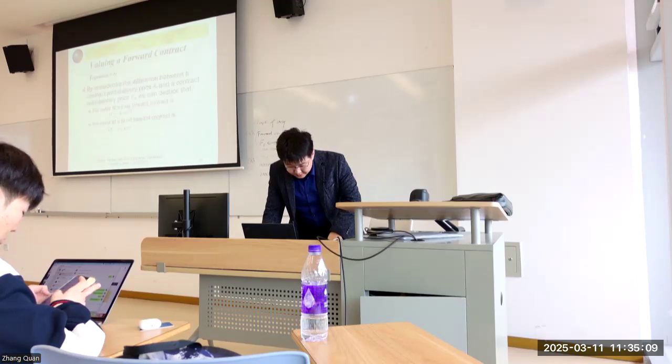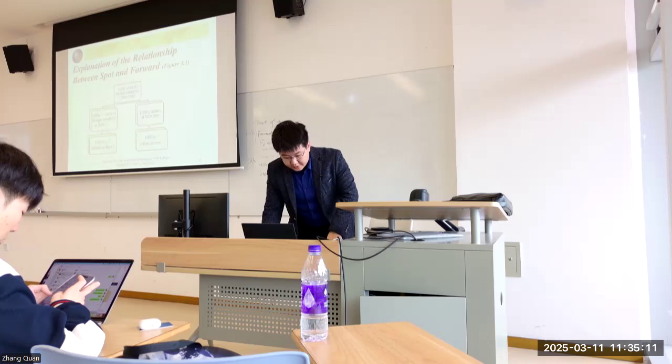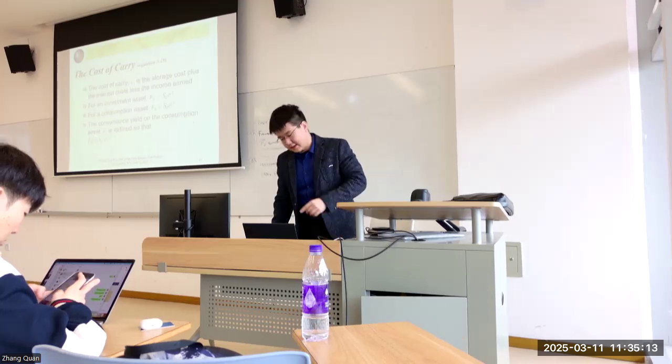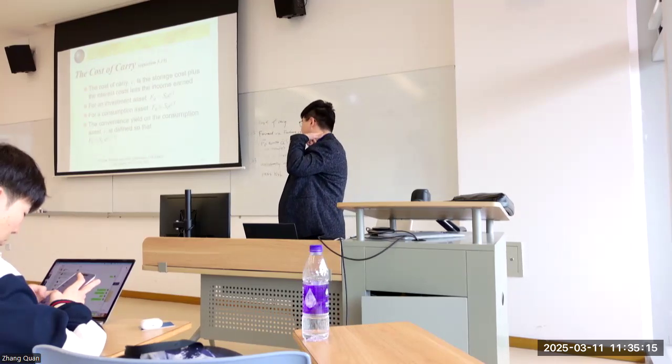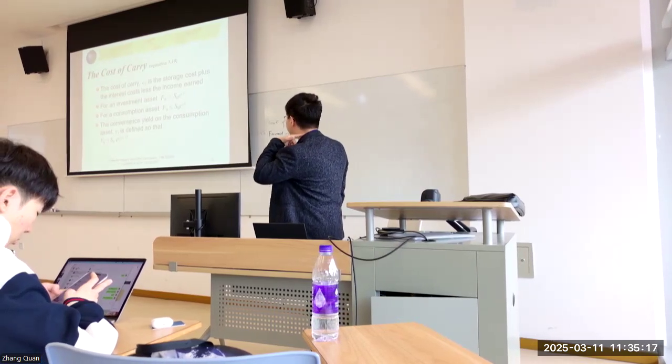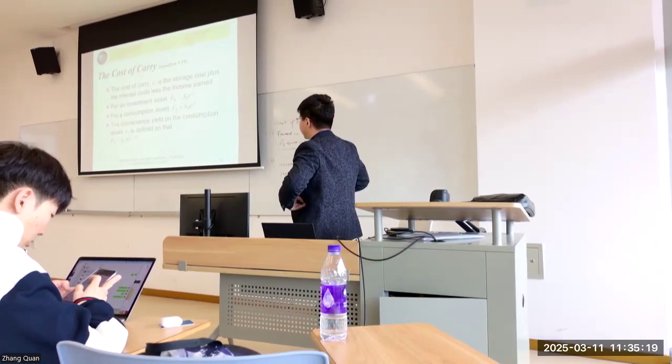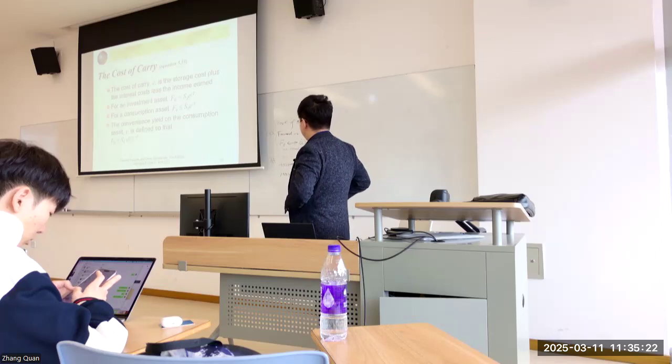Okay, so we're going to finish this chapter today, and maybe we have 5 or 10 minutes for chapter 3 a little. We can only touch it a little because we have more to talk about for this chapter.